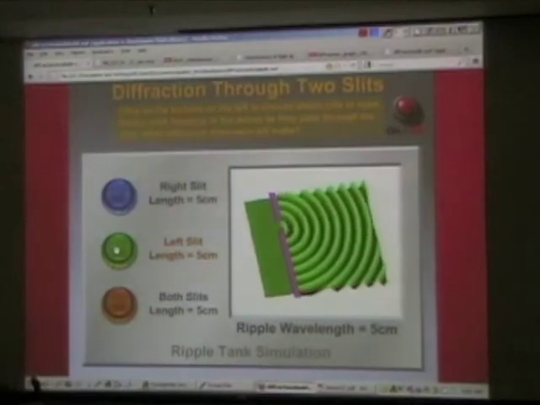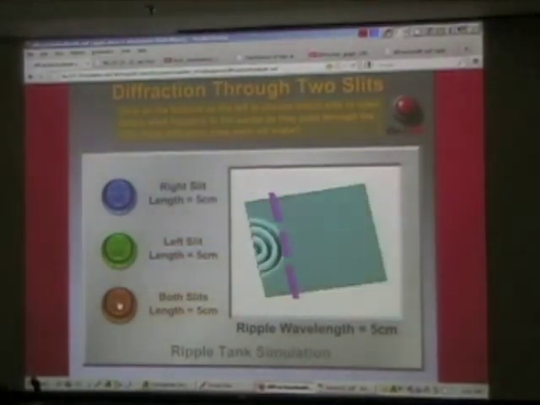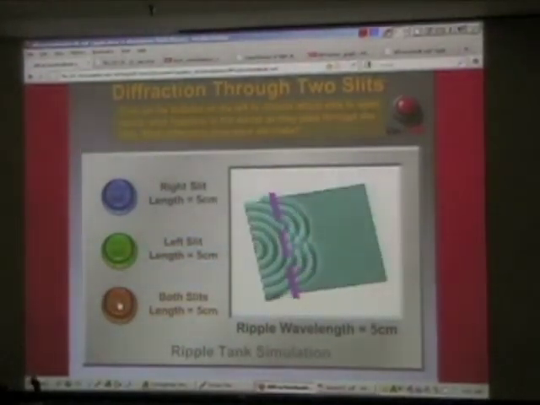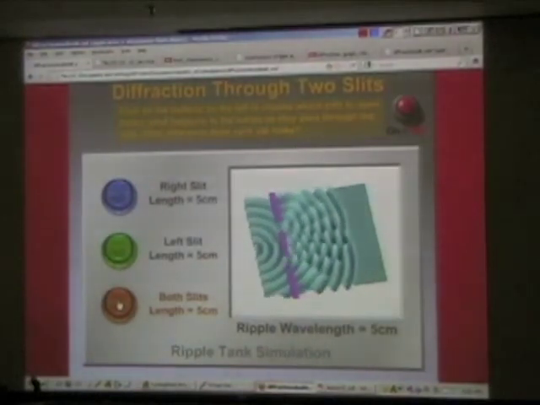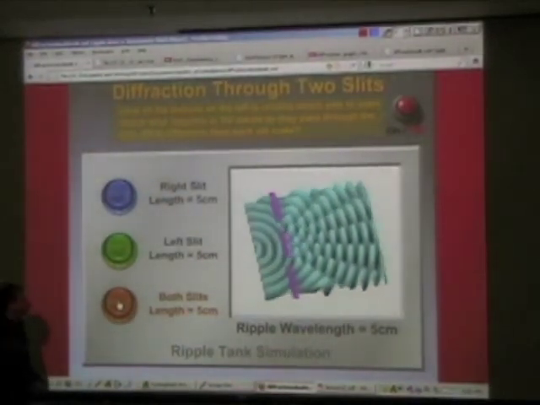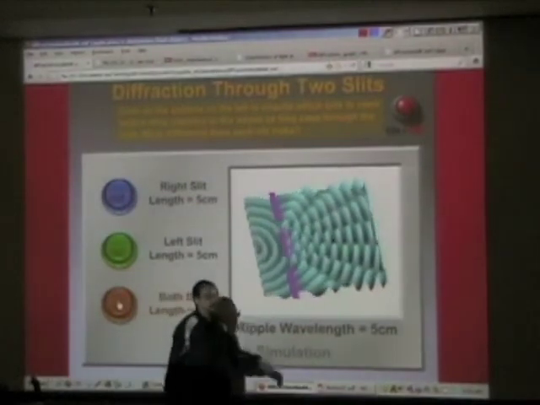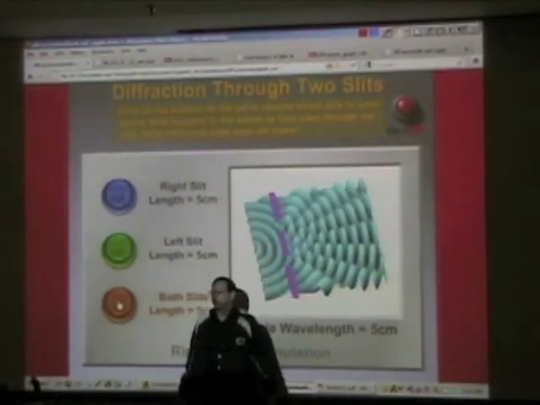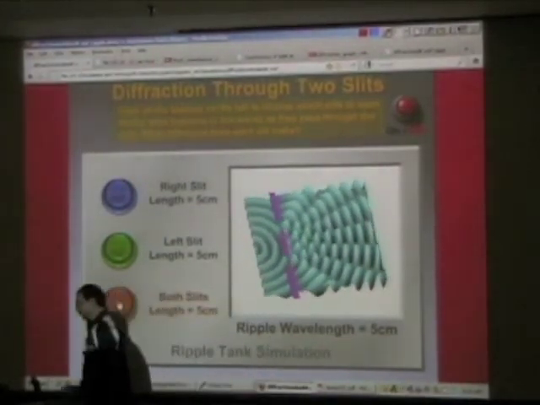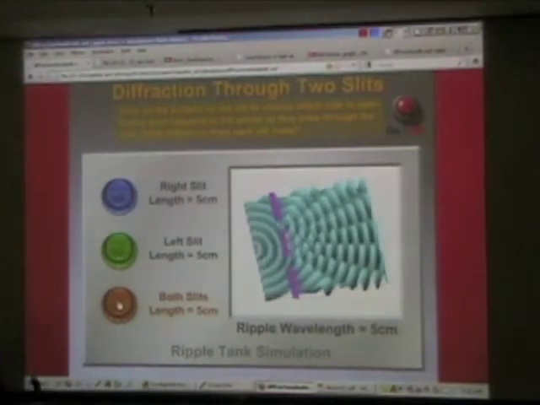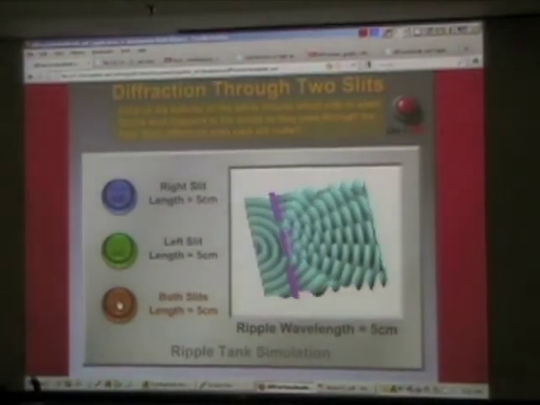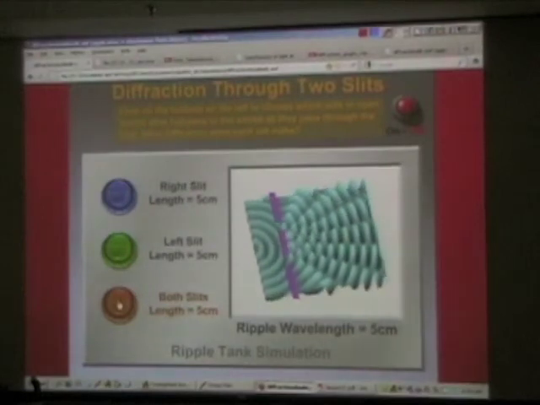But when we make two sources work together, or when a wave is traveling through two slits, we can clearly observe some kind of interference pattern, which is the result of overlapping of two waves. This is a standing wave, a two-dimensional standing wave.